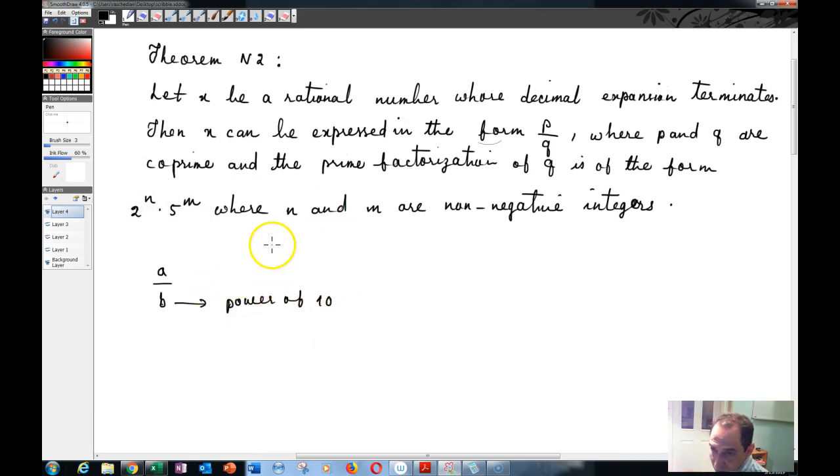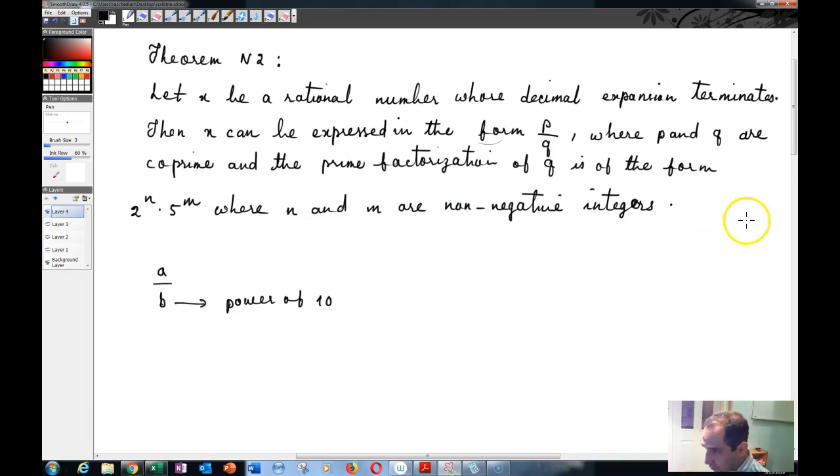But of course it's easy to make it a power of 10, because you can always multiply some factors of 5 into the denominator, and multiply the same factors of 5 into the numerator, and then your denominator becomes some power of 10, and you will be able to express that number as a terminating decimal expansion.